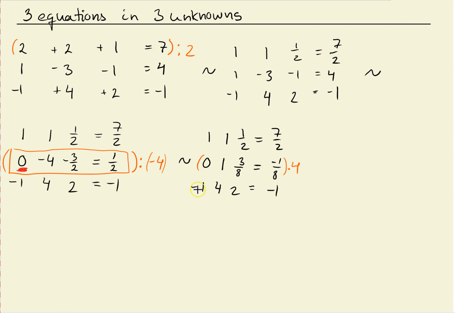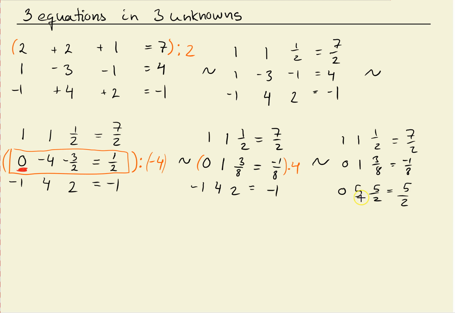Now my next object is to create a 0 here in the third row by adding this equation to the third equation down here, possibly multiplying by some number first, but in this case there's a 1 here and a -1 here, so all I need to do is actually just add this row to this row down here, and that will give me the 0 I want in the first column. Like that. And now I have my 0 here. So all I did was I added this first equation to the third equation, and this is what I obtained.